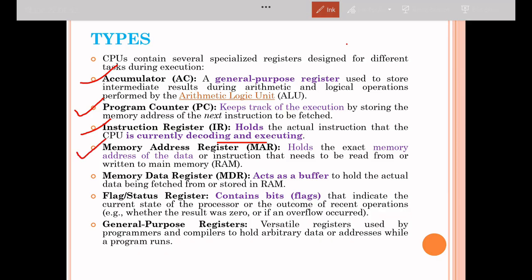And this is very important, the memory address register. It holds the exact memory address of the data or instructions that need to be read from or written to the main memory. And then the memory data register, MDR, this is also very important. It acts as a buffer to hold the actual data being fetched from or stored in RAM. And similarly there are other registers, the flag and status register.